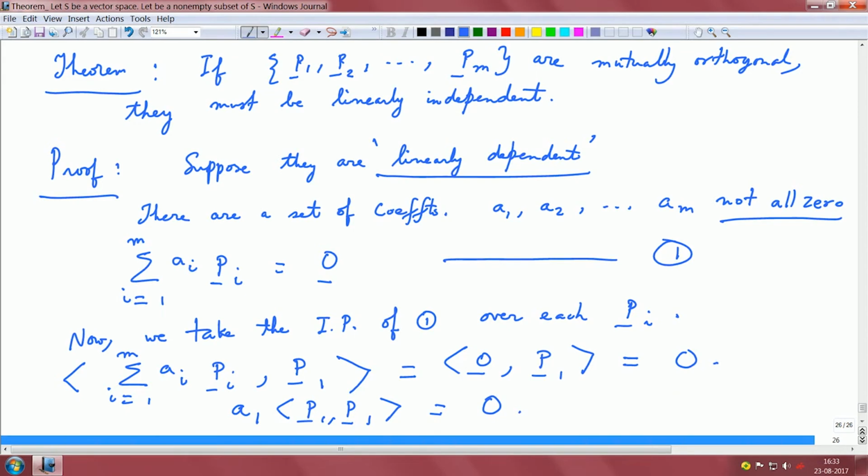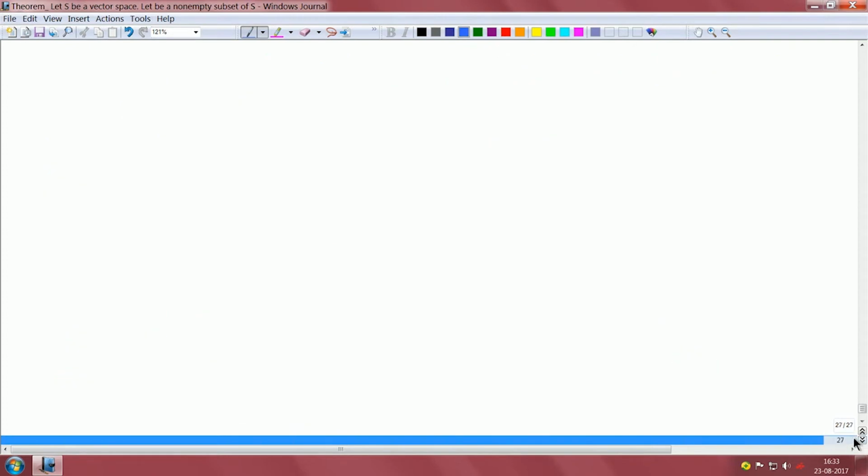Once you do this trick, you will get an idea for the rest of it. Similarly, a2 times the inner product of p2 with p2 equals 0, and so on, up to am times the inner product of pm with pm is 0.